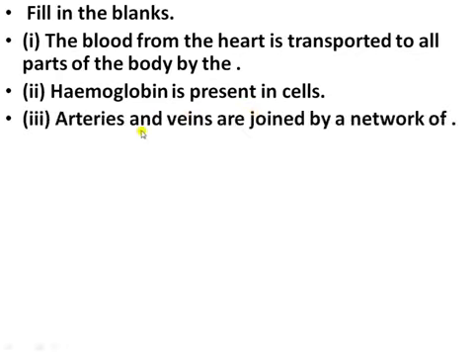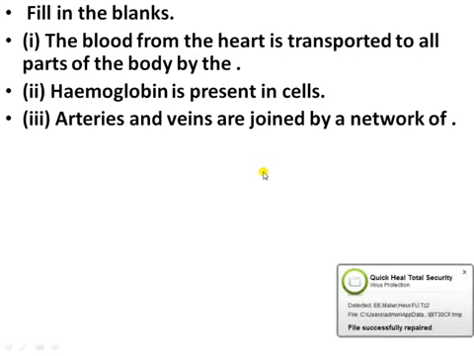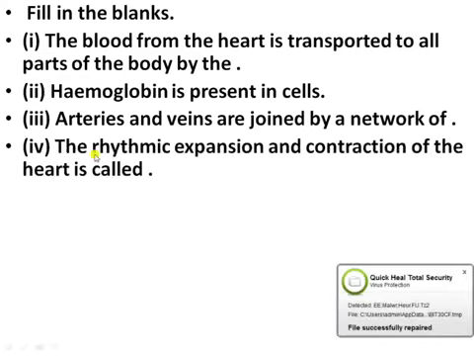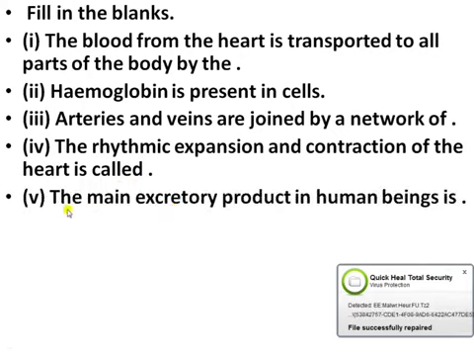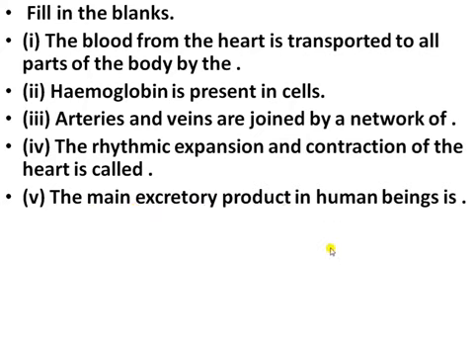Third one is: the arteries and the veins are joined by a network of capillaries. Fourth one is: the rhythmic expansion and contraction of the heart is called heartbeat. Fifth one is: the main excretory product in human beings is urea.